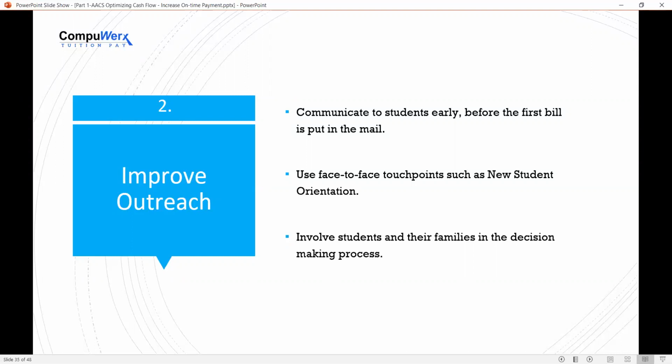Sit down with your students and give them the option of a payment plan, tell them what the options are and how many payment plans the school offers, and give them a comparison of a payment plan versus a loan. Involve your students in this decision-making process so they feel they own it.